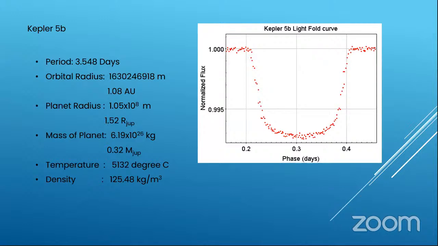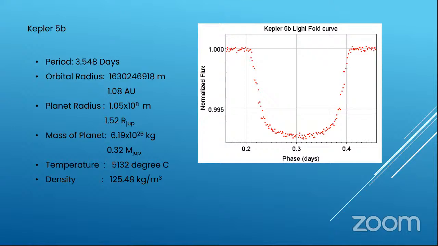The first planet was Kepler 5b. There are 5 planets, so I will not talk much in detail about 2 or 3. I will talk in detail about Kepler 4b. For Kepler 5b, the period is around 3.548 days. The orbital radius was 1630 meter, which is 1.08 astronomical units.